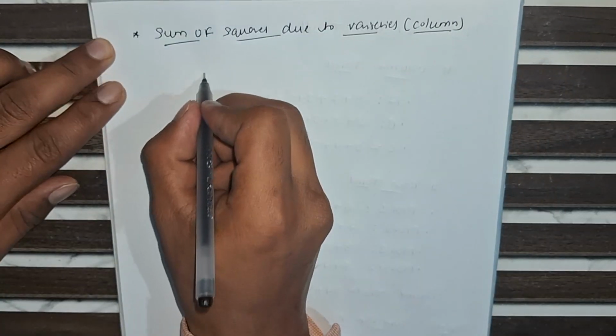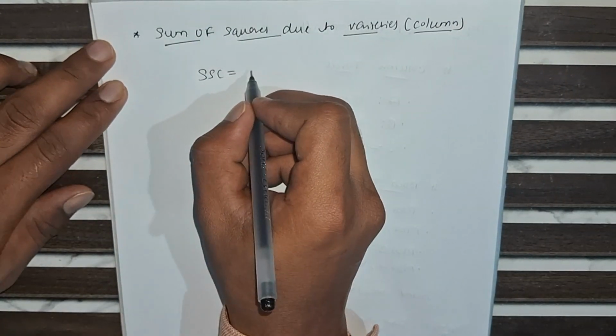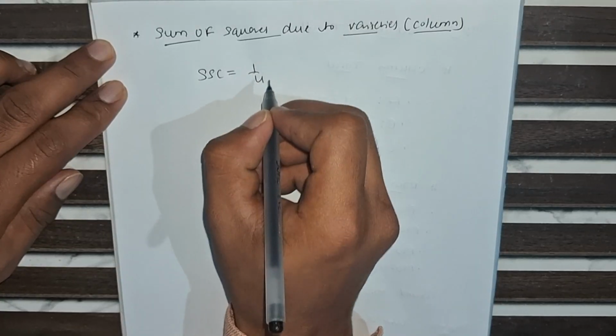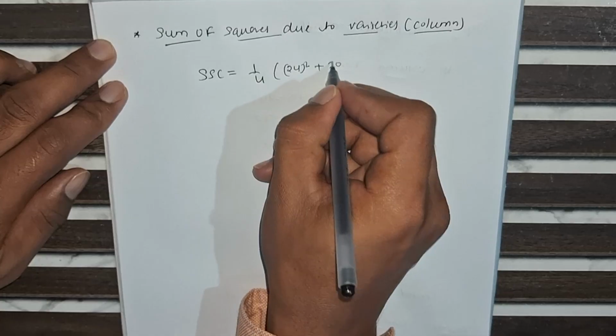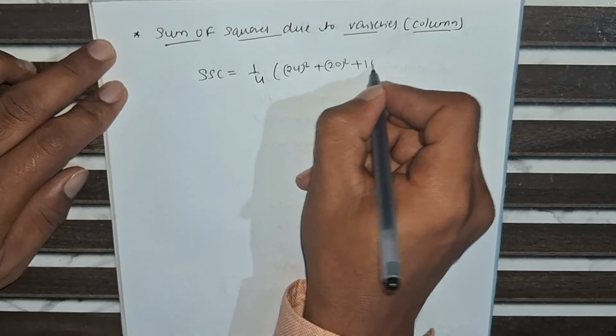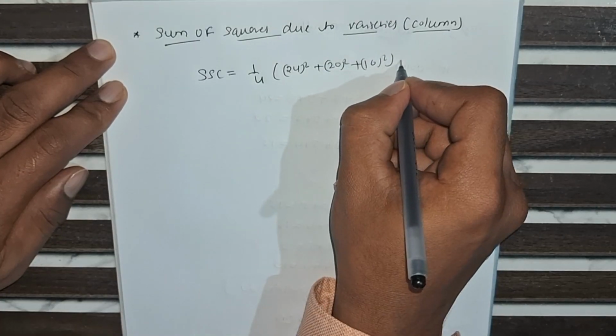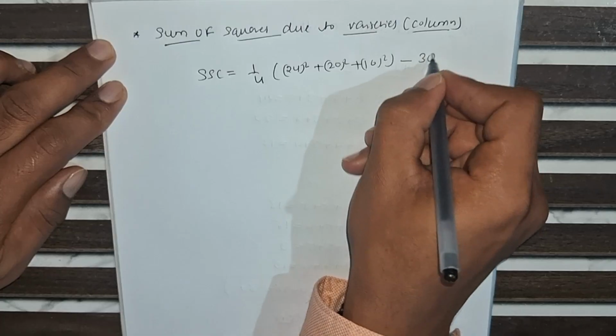Which is nothing but SSC equals 1 by 4 times 24 square plus 20 square plus 16 square, minus CF, which is 300.